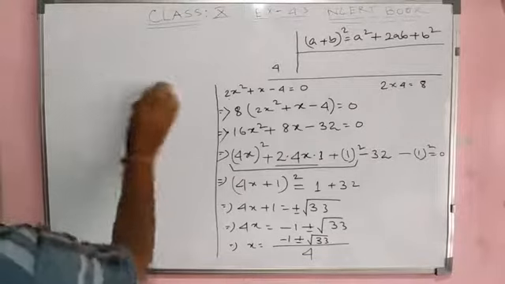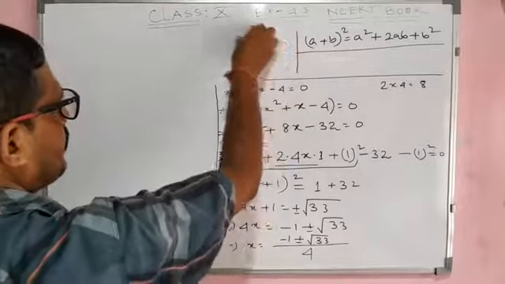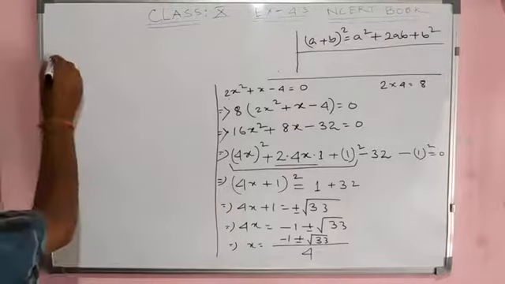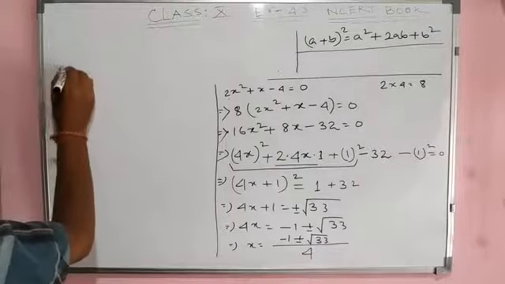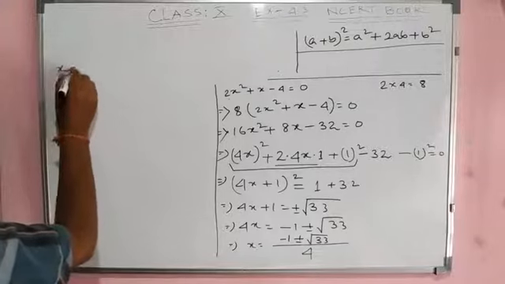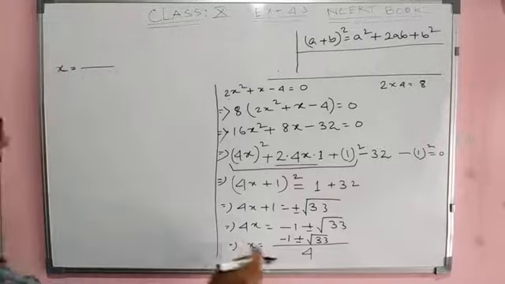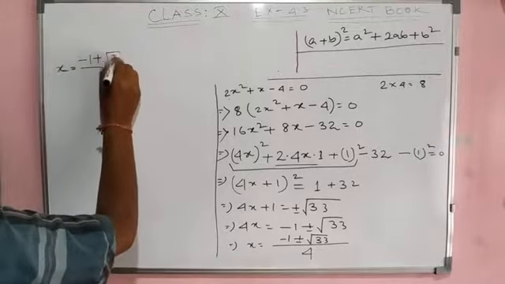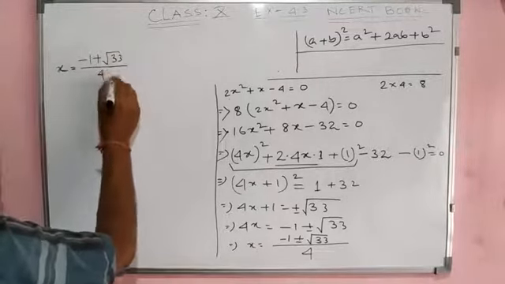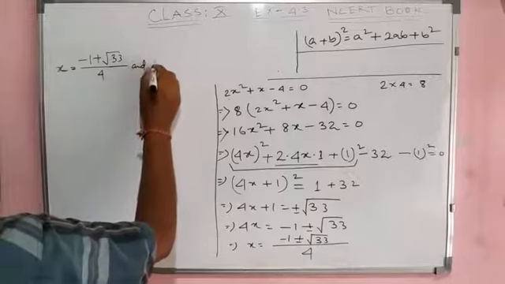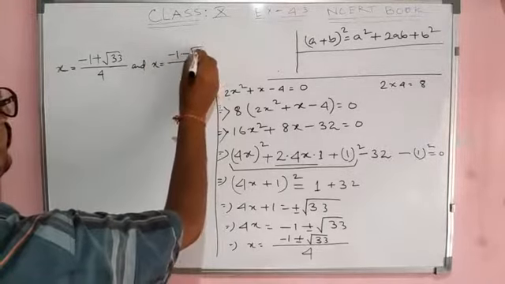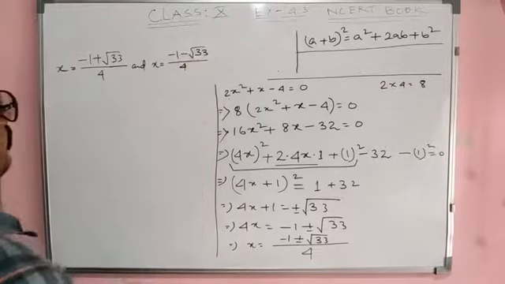Now we get the roots as x equal to minus 1 plus root 33 by 4, and x equal to minus 1 minus root 33 by 4.